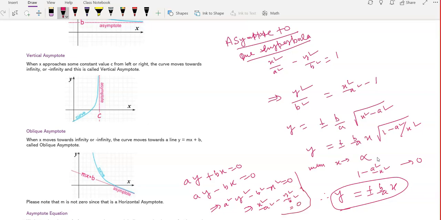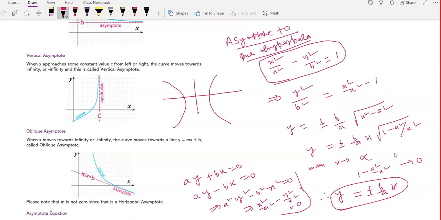Here you are getting the equation of asymptotes, combined equation in this form, which is similar to that of the hyperbola, but the right hand side is equal to 0. x square by a square minus y square by b square equal to 0 gives the two asymptotes to the hyperbola, and if you trace them, it's going to be like this. These are two asymptotes.